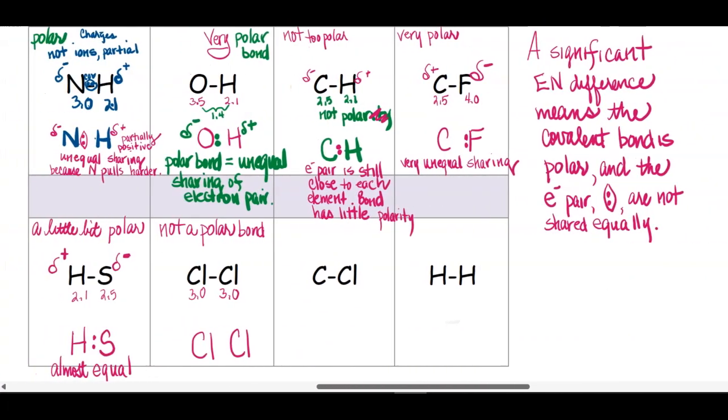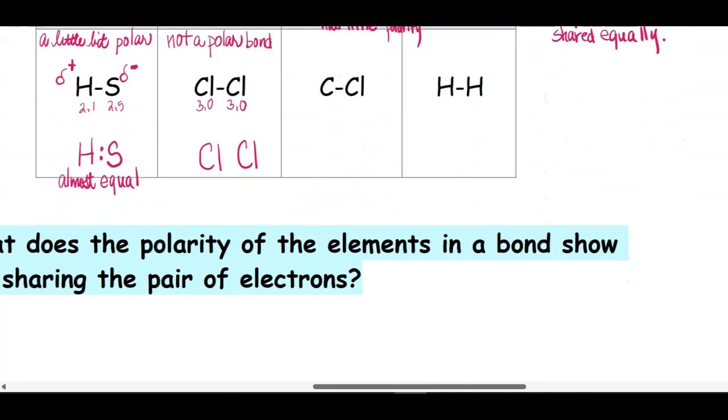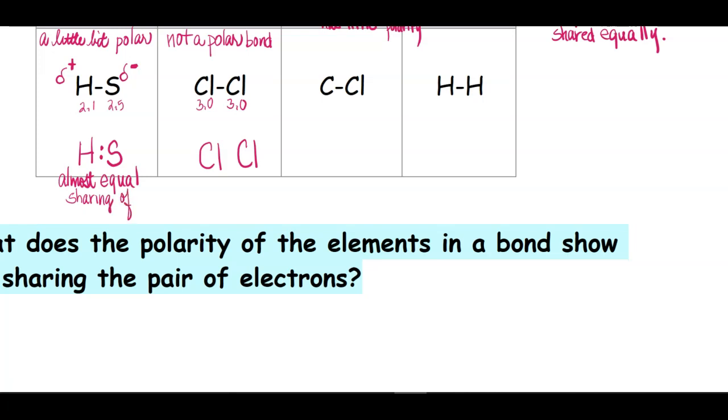Oh, here it is. Well, if Cl2, Cl bonded to Cl, if there's no electronegativity difference and it's not a polar bond, then these are exactly between those two elements.